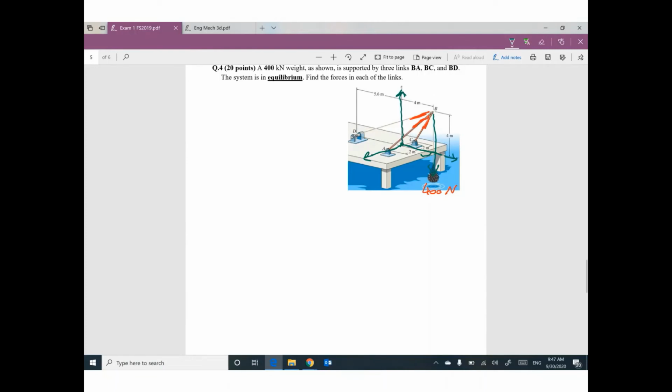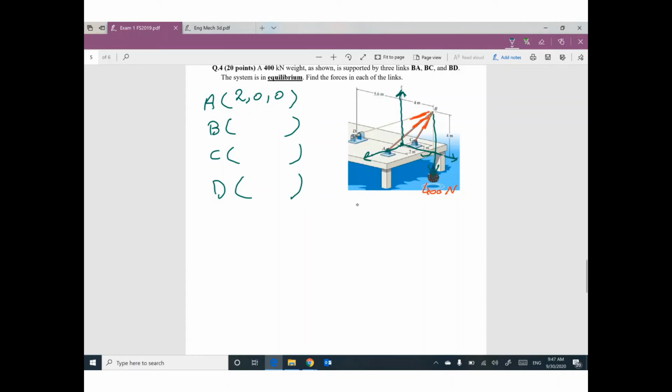So we need to figure out the coordinates of point A, point B, point C, and point D. Where is point A? Here is point A. Coordinate of point A in X will be 2, in Y will be 0, in Z will be 0. Coordinate of point B, where is B? Here you go.